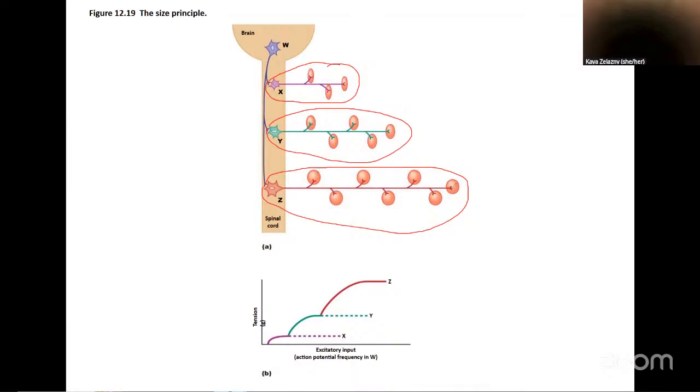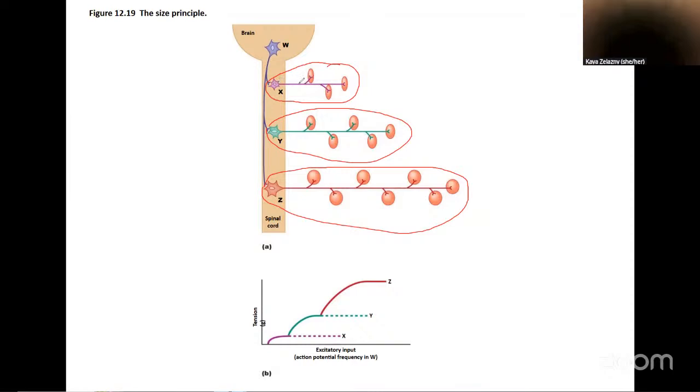So what we would see in terms of ramping up our tension through ramping up the recruitment of larger motor units is that first we recruit motor neuron X. It's relatively easy to depolarize because it's a little bit smaller.